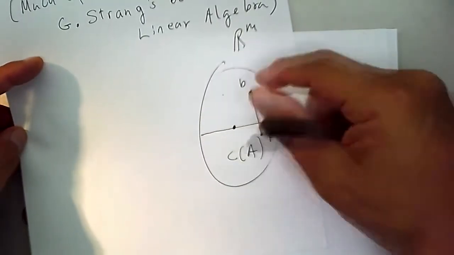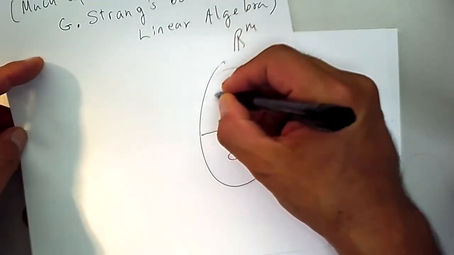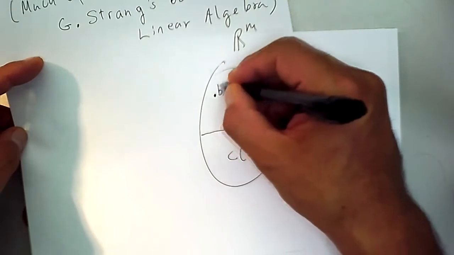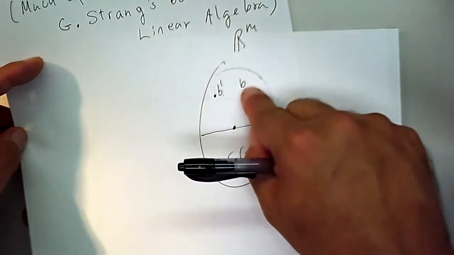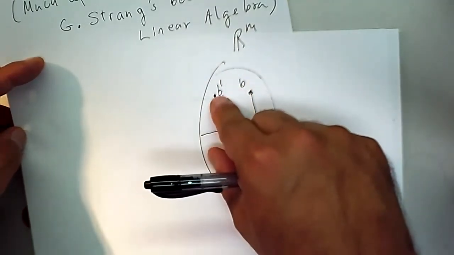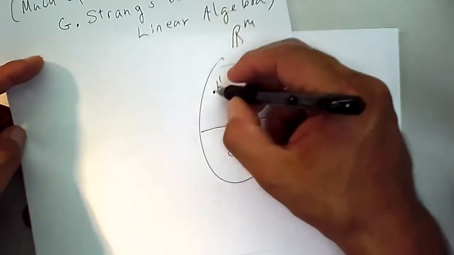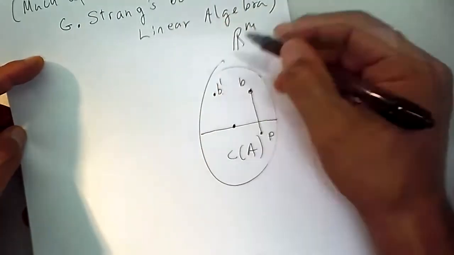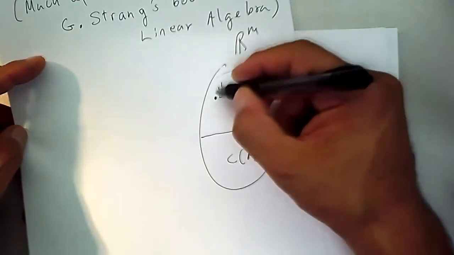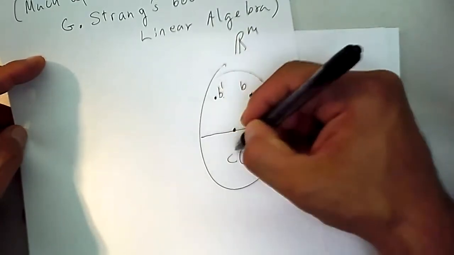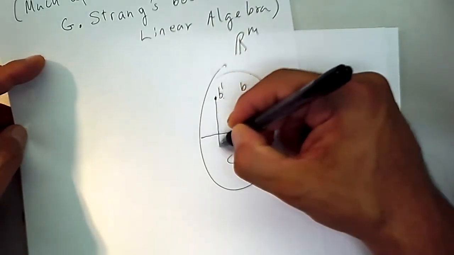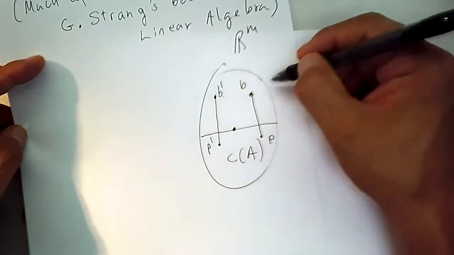And then we can take another point, b prime, just to differentiate it from b. I could call it b1 and b2, but I'm just calling it b prime. This has nothing to do with derivatives. We'll project it into this space to another point, say p prime.